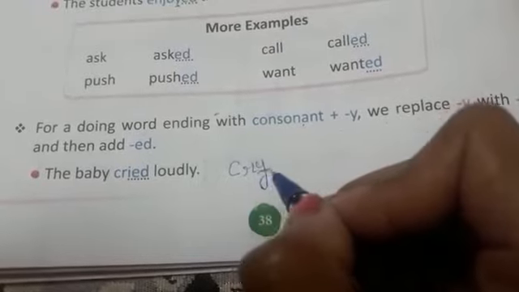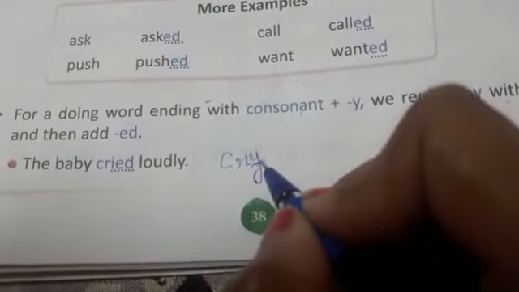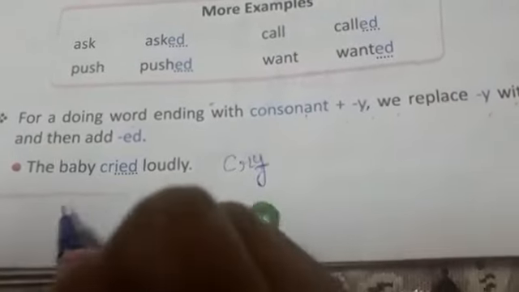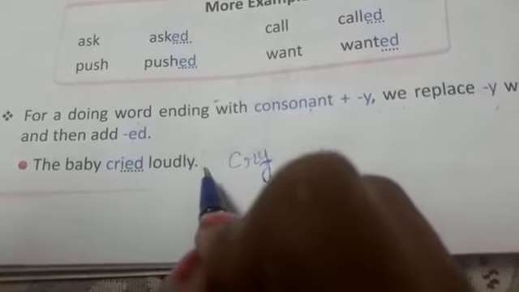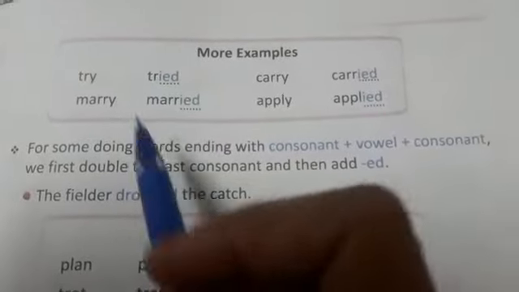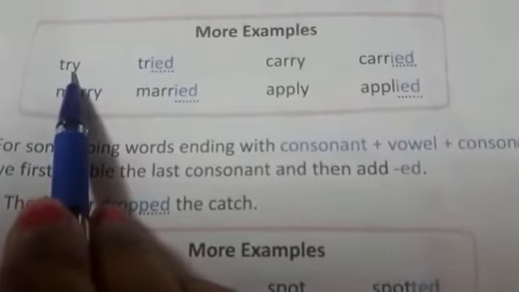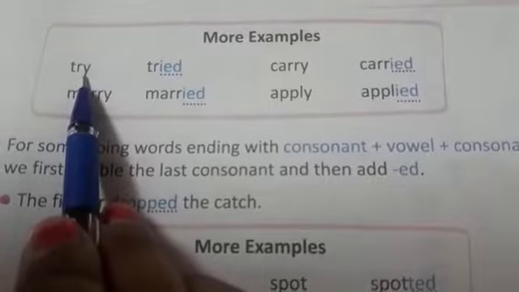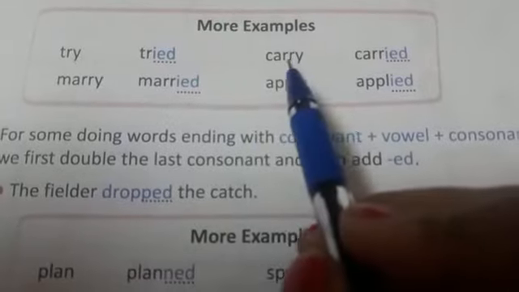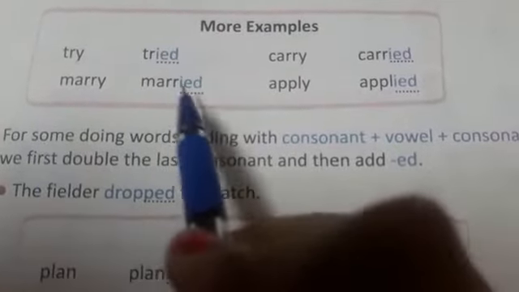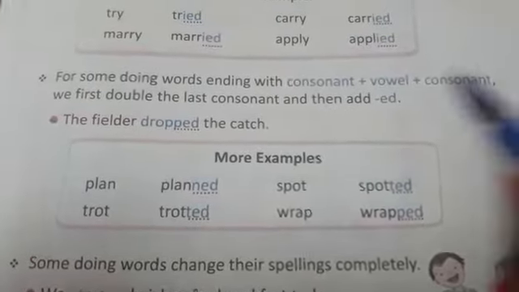The word ends with the letter y, so in place of y we add IED. So it becomes cried. Some more examples: TRY, also ends with y, so in place of y we write IED and it becomes tried. Same with carry, carried; marry, married; apply, applied. Understood? Now we'll move to the next point.